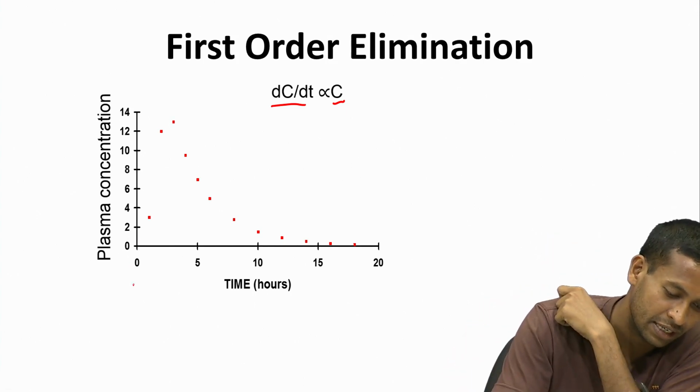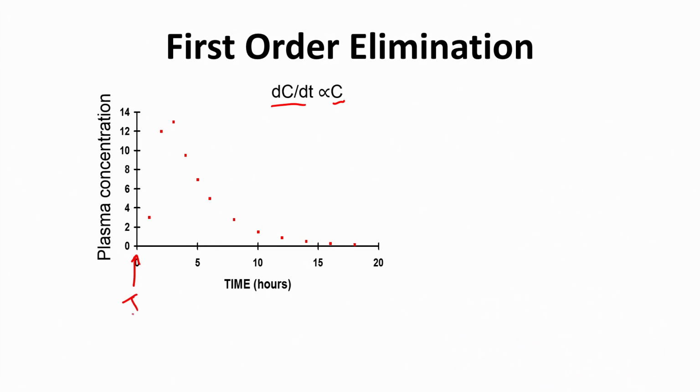Essentially at this time, let us say an IM, intramuscular injection was done, and from this time all the way up to here, the drug is building up in the intravenous circulation, and at the same time it is also getting eliminated by first order elimination. But by this time, most of the drug that we injected intramuscularly has reached the plasma.